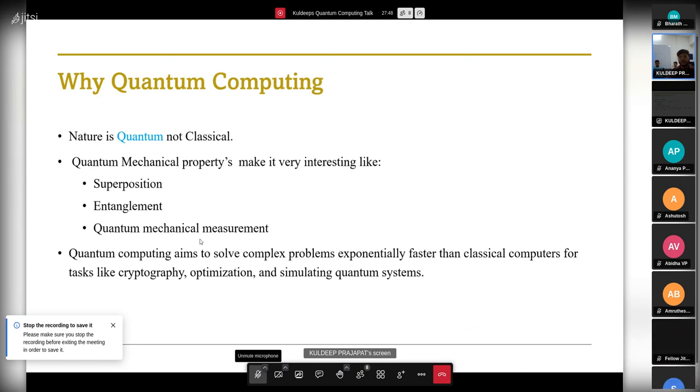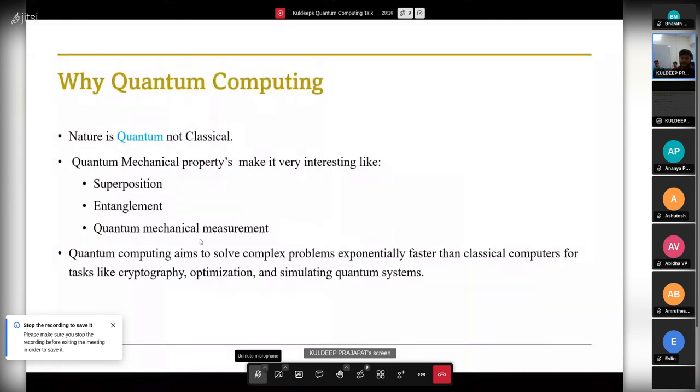Quantum mechanics provides very interesting phenomena such as superposition, entanglement, and the quantum mechanical measurements we do, which give us some extra advantage for quantum computing. We can use that to solve problems that even classical computers cannot solve.